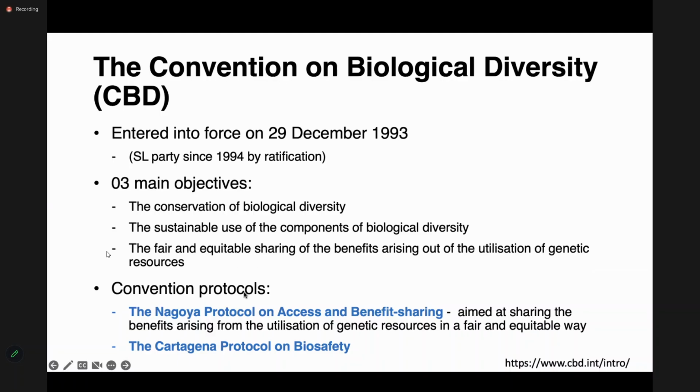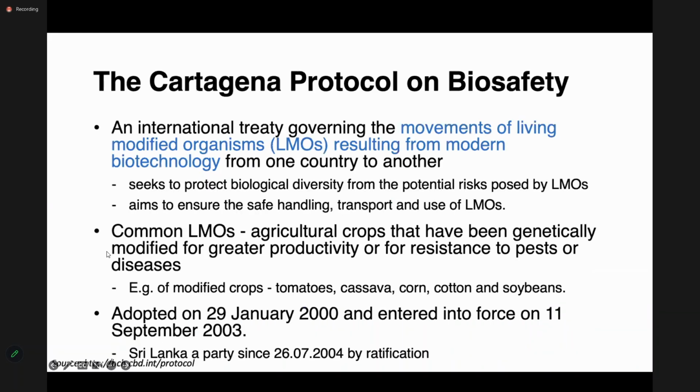Related to this, there are a couple of protocols that have come out of that convention. One of them is the Cartagena Protocol on Biosafety, which is an international treaty that governs the movement of LMOs, or living modified organisms, resulting from modern biotechnology.